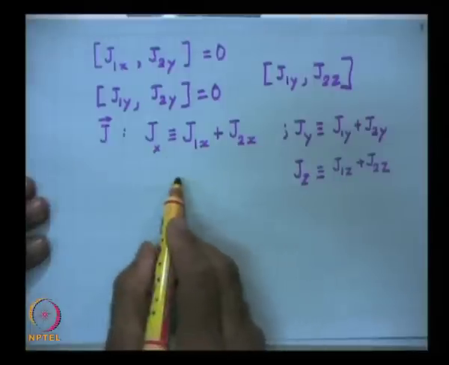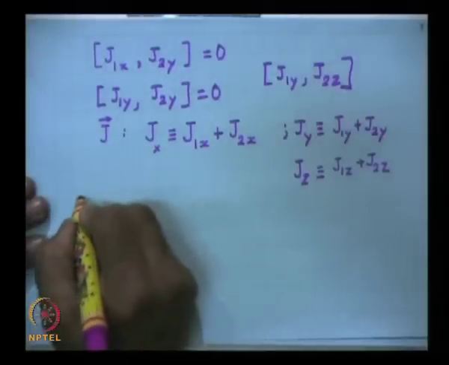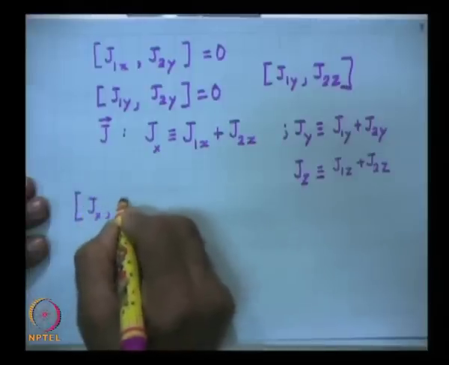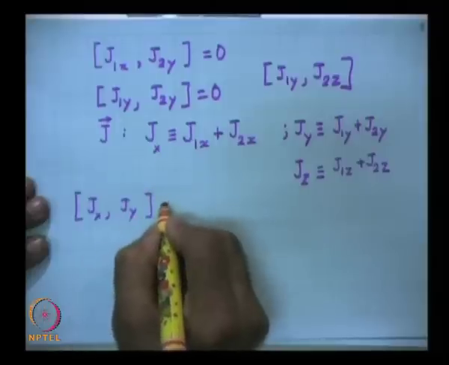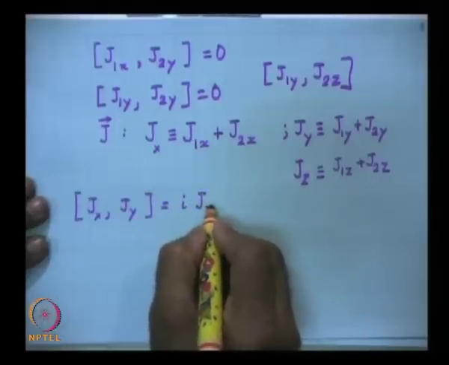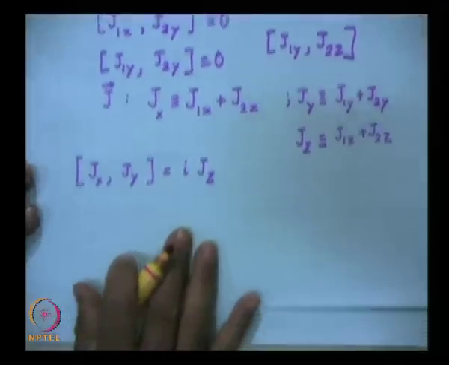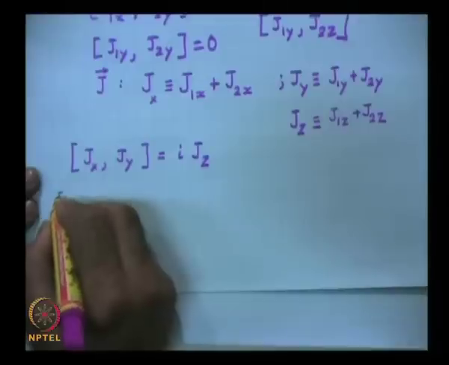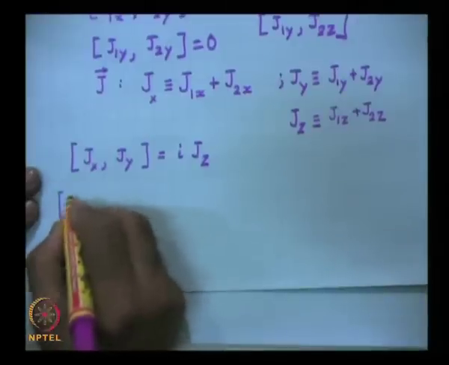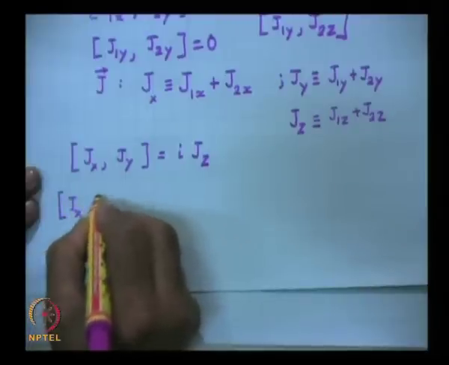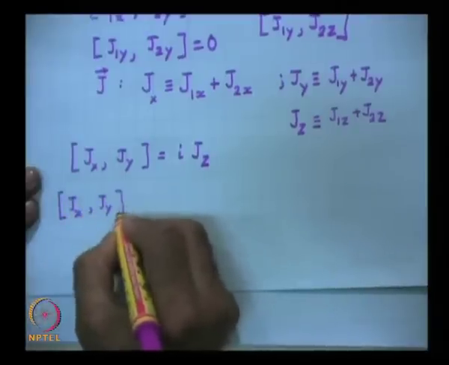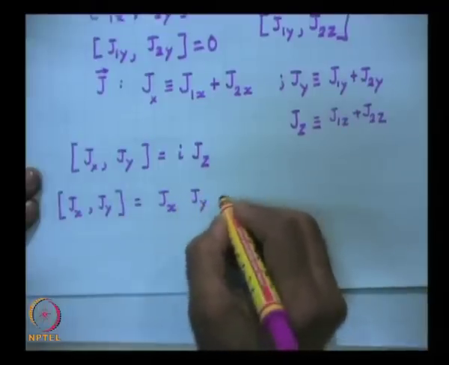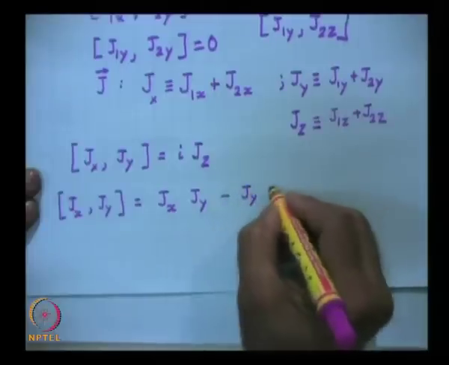We will now prove that [Jx, Jy] is equal to i Jz. The proof is really simple. So, we first write down, let us do this carefully, [Jx, Jy] is equal to JxJy minus JyJx.